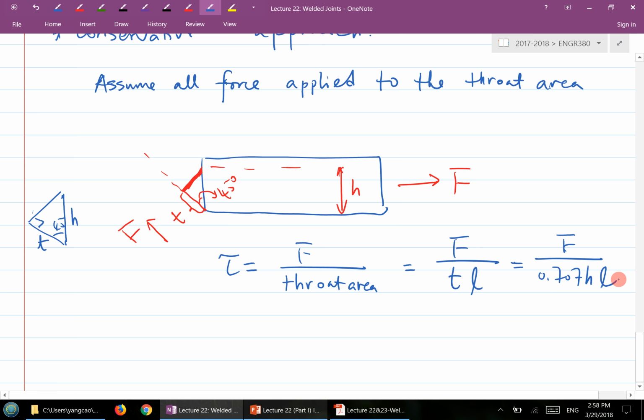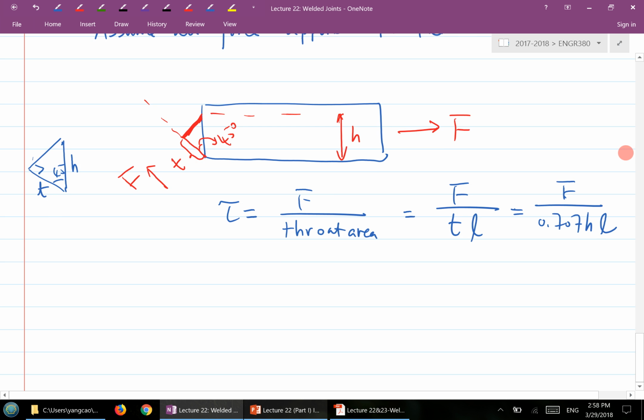Good. And that's the simplest equation for the shear stress. Simplify a little bit: the numerator divided by 0.707, that is 1.414 times F divided by HL.